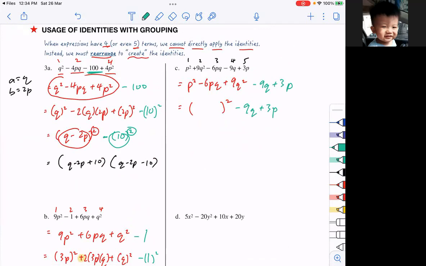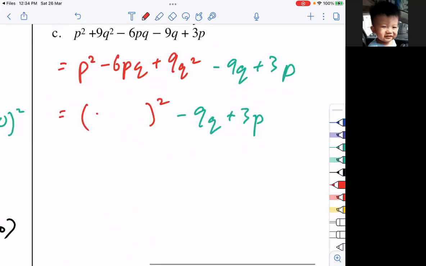P minus 3Q bracketed square, is it? You all can agree or disagree with Nathan. Would you have any idea?